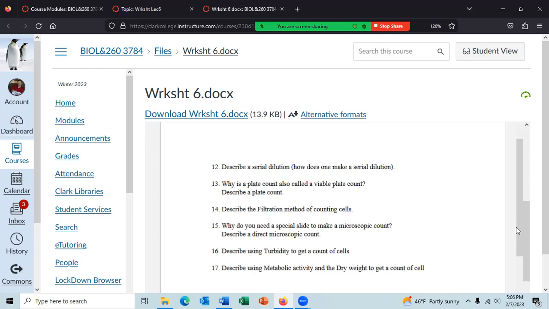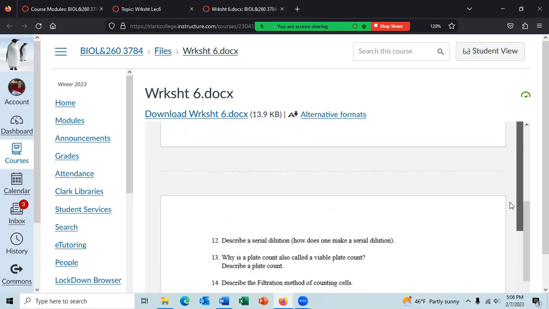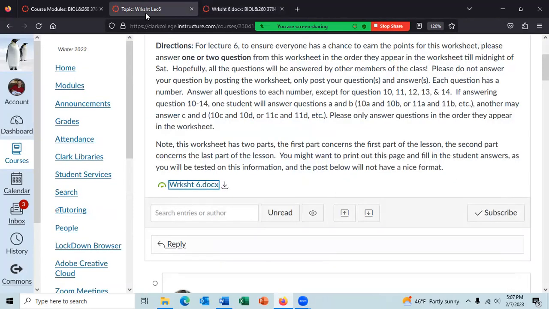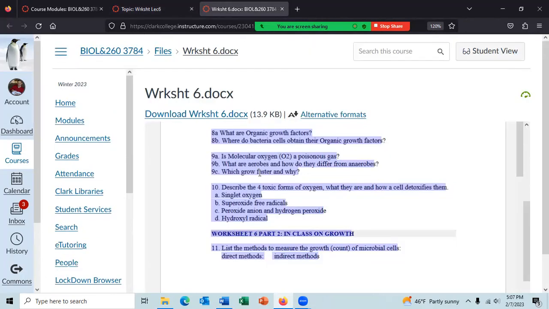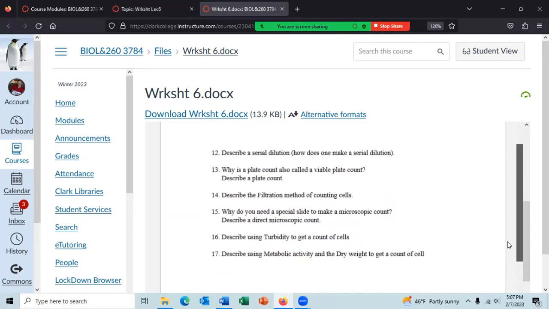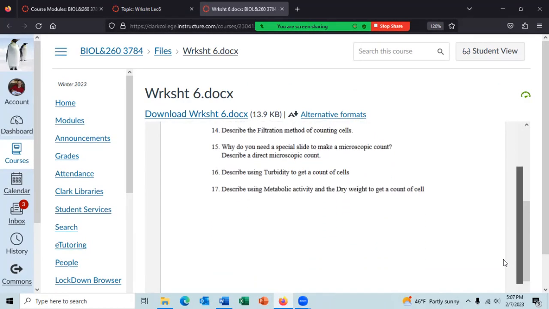Okay, thank you. Yeah, this isn't making a whole lot of sense. Oh, I see. Why are these two worksheets different? Let me see here. 10 is correct, but 11 and 12 and 13, 14, I only see one question there.